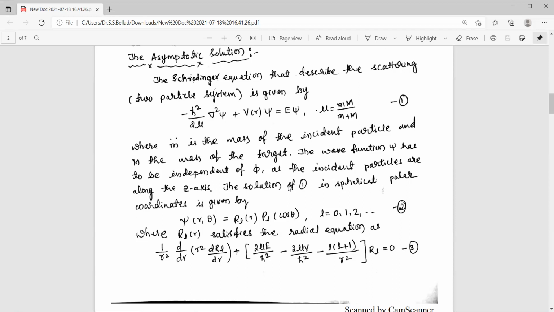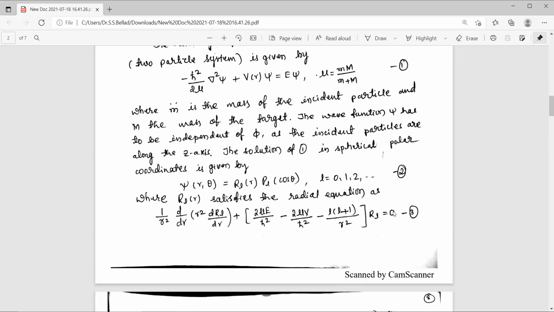The solution of this equation 1 in spherical polar coordinates is given by this equation 2, psi of r comma theta is equal to R_L of r into P_L of cos theta, where this L is the order parameter of the Legendre polynomials, L is equal to 0, 1, 2, and so on. This P_L of cos theta is the term coming from the Legendre polynomials.